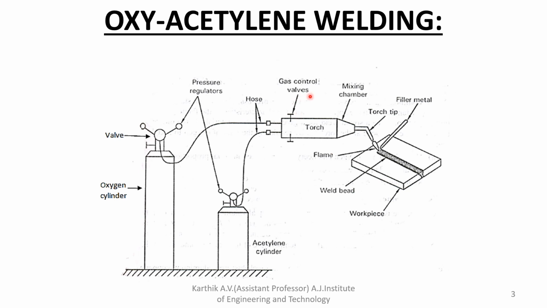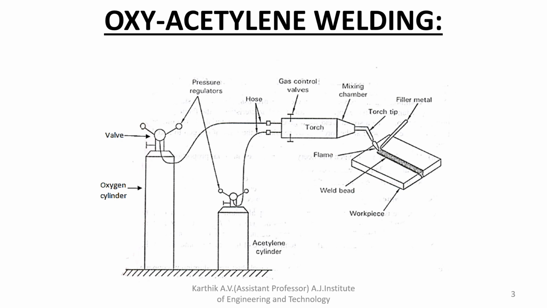The filler material we have to supply externally. The flame will melt the filler material, and that melted filler material is deposited in between the workpieces, and we have to allow it to solidify. You will get the permanent joint.